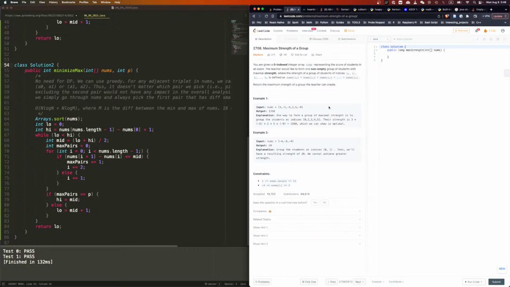So, ooh, non-empty group. Huh. Okay. Maximum, and they are all from -9 to 9.